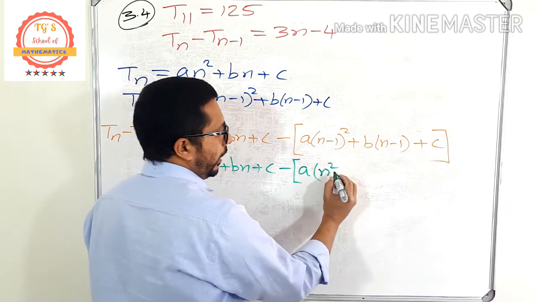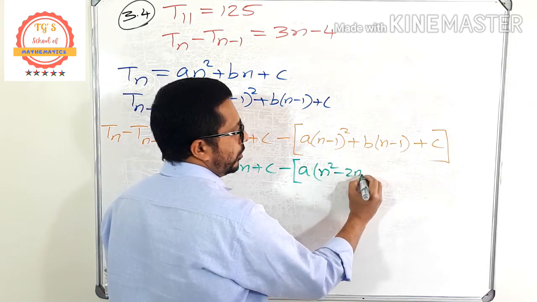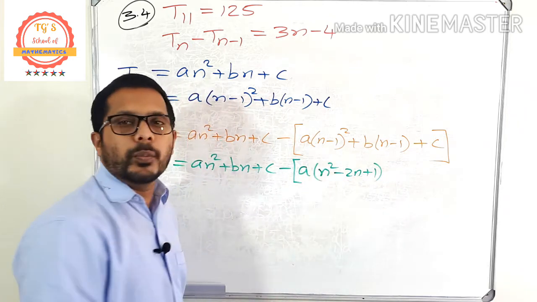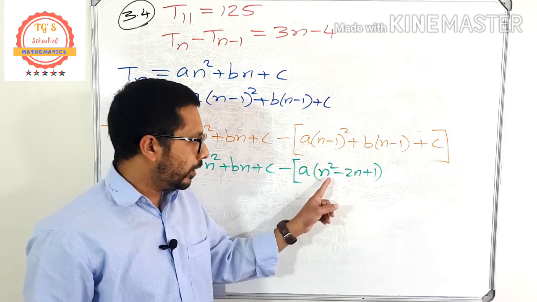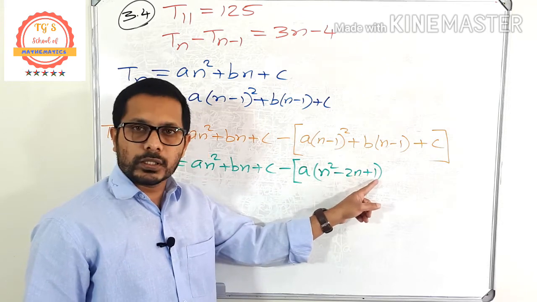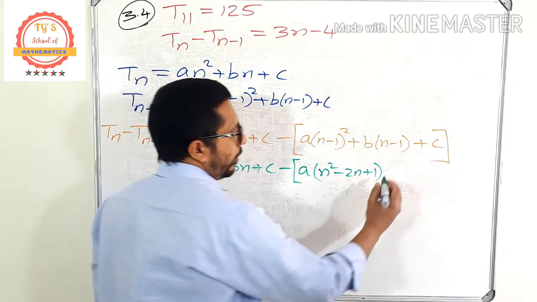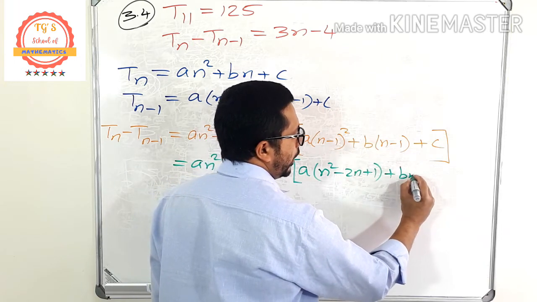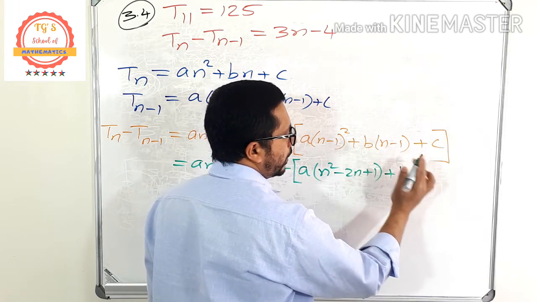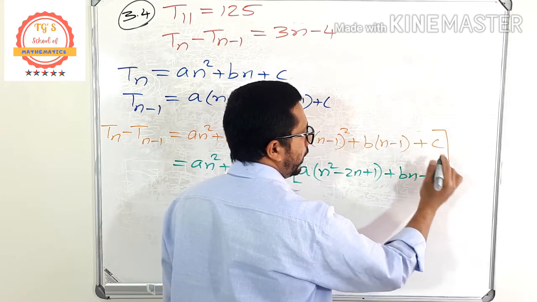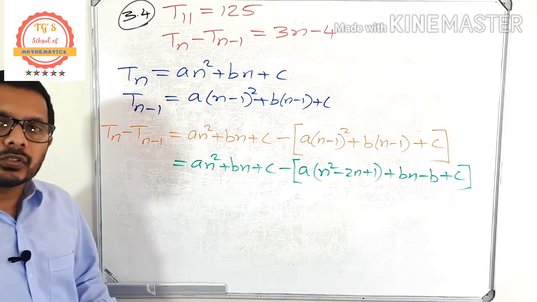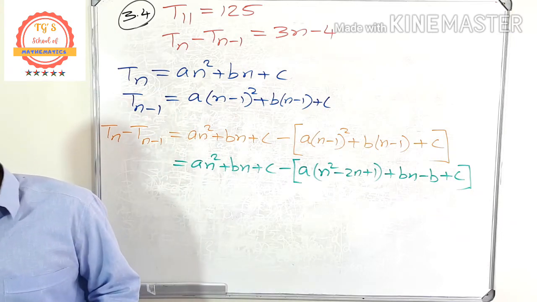It is n square minus 2n plus 1. Then plus, expand this: b into n is bn, and b into minus 1 is minus b, then plus c. Now you have an idea what the next step is.